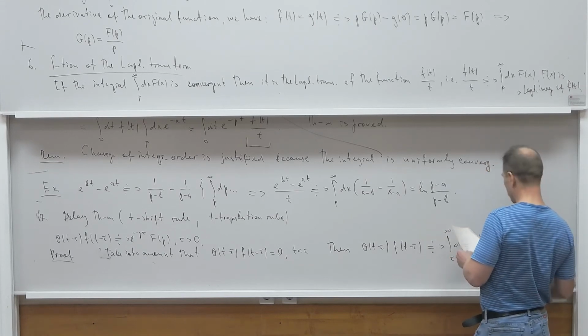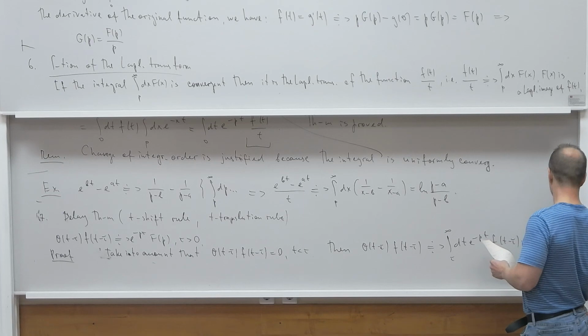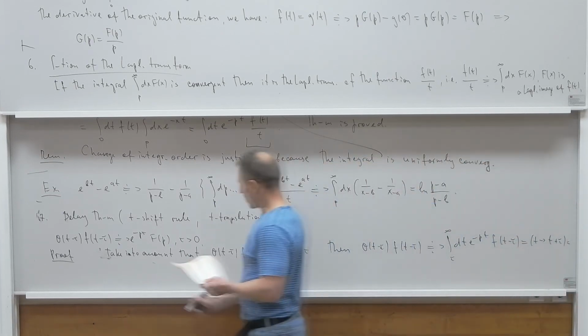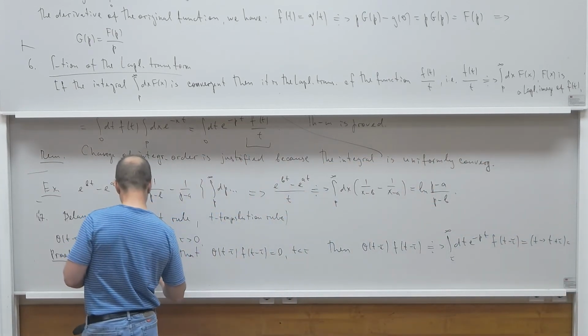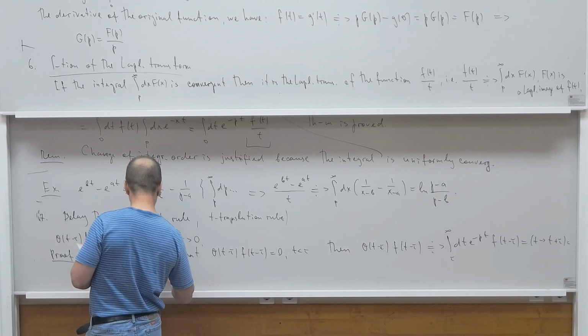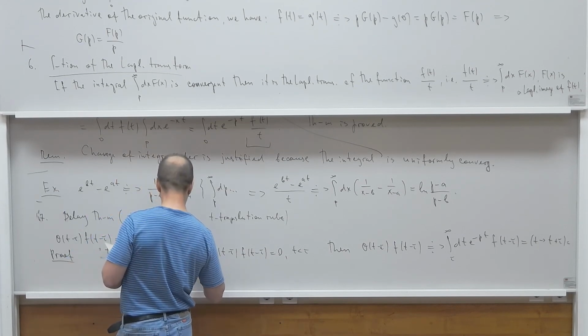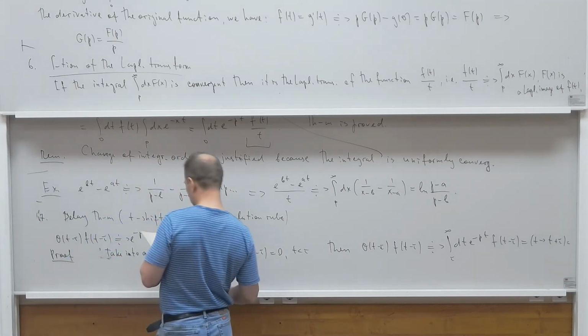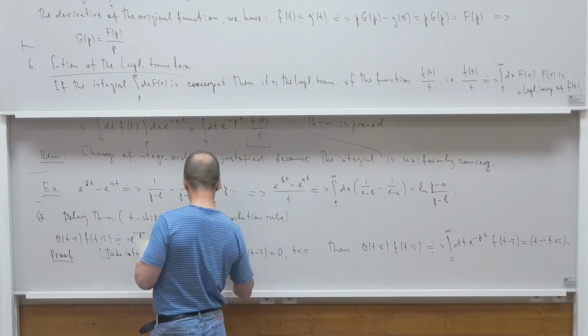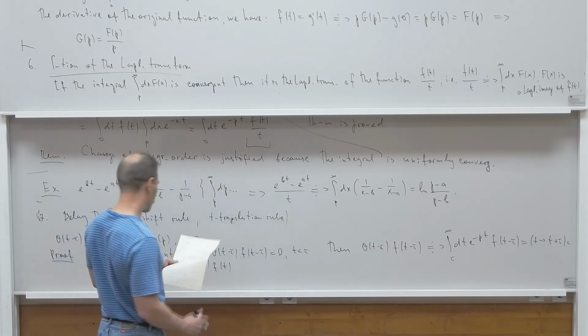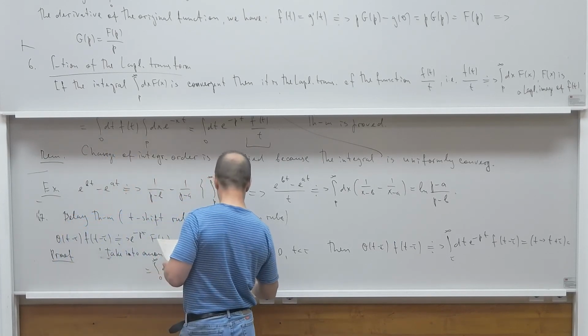Then we shift the integration variable by tau, and we have a simple integral of the exponential function multiplied by f of t.